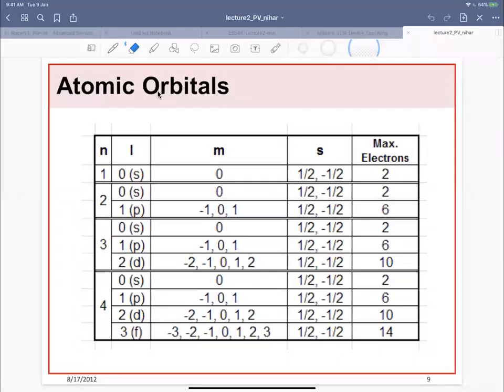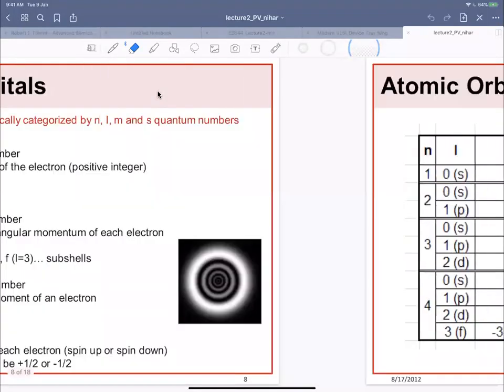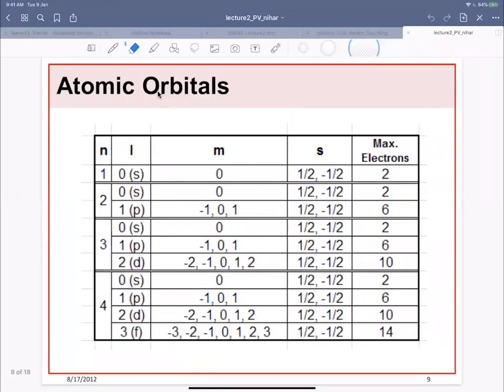When n equal to 2, I have 2 electrons at the same time, and we also have orbital angular momentum and then the magnetic quantum number. So when n equal to 2, we can have s and p orbitals, and that could carry a maximum of 8 electrons.